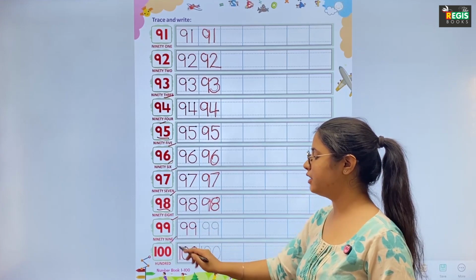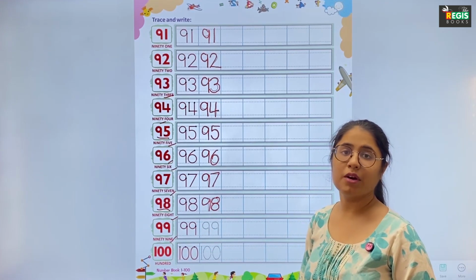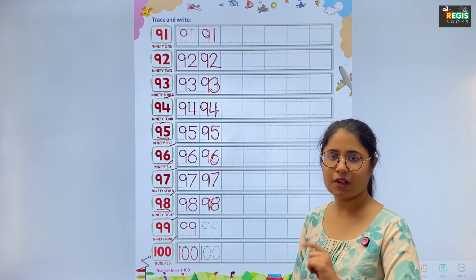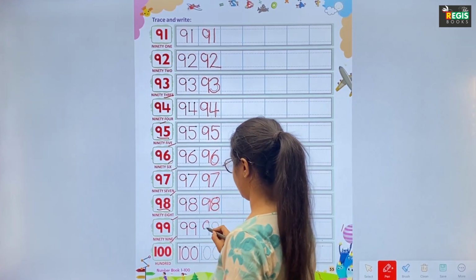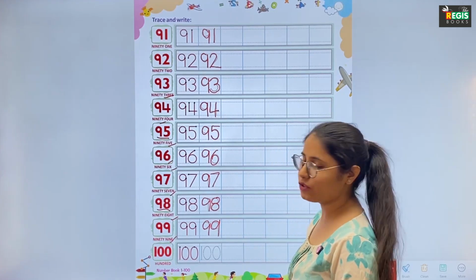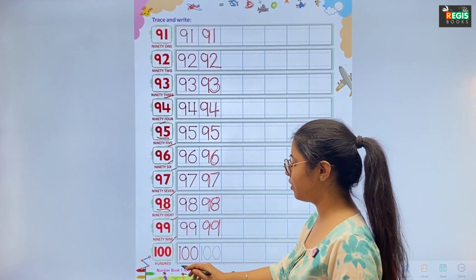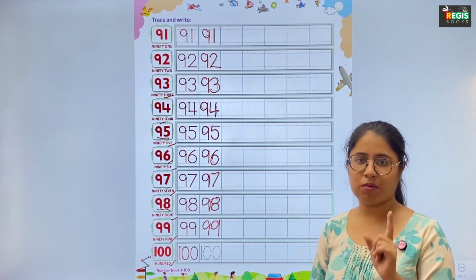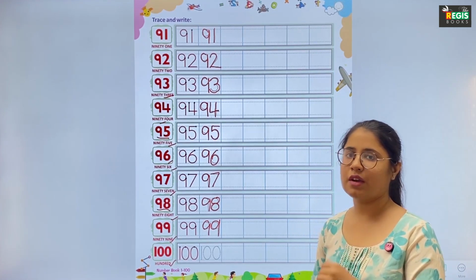99. So kids, we write the number 99 by writing 9 two times together. Let's trace with me. 99. And the last number is 100. We write the number 100 by writing 1 and 0 two times together.